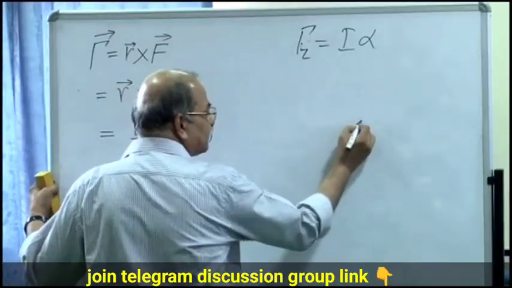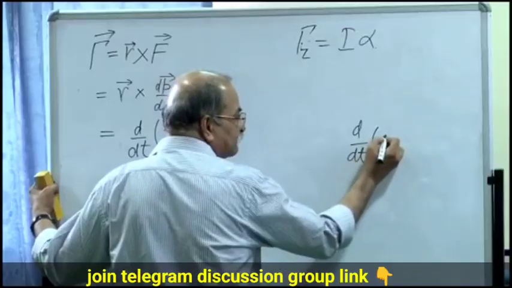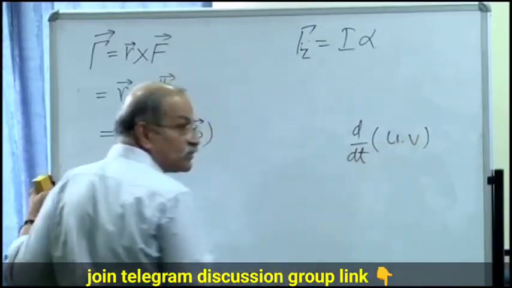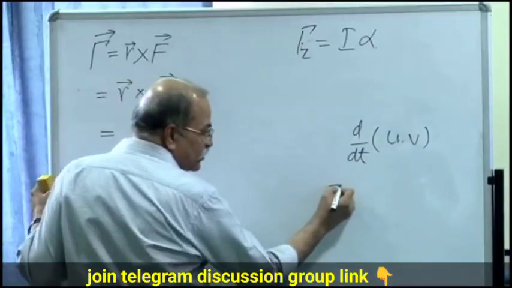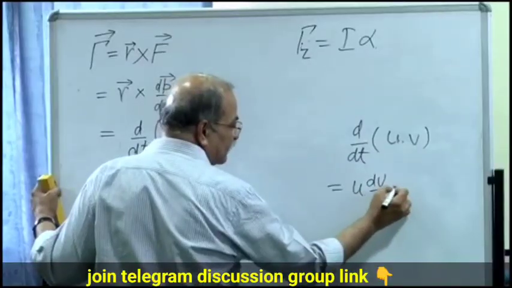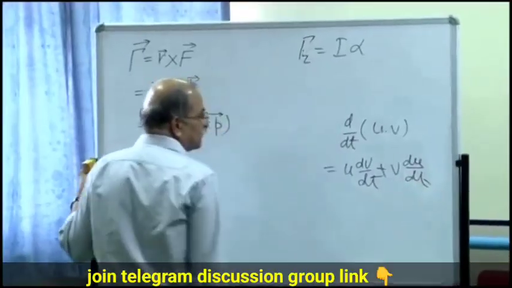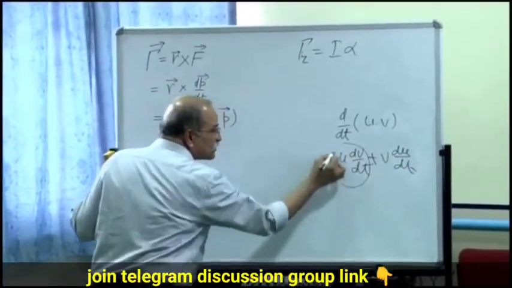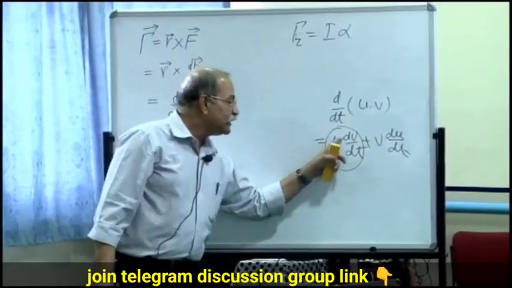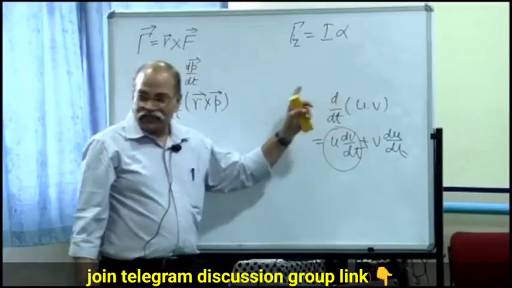If you have d/dt of two functions, both depending on time, u times v, what is this? If it is only this, I cannot take this u inside and say it is d/dt of uv. I should not do that.